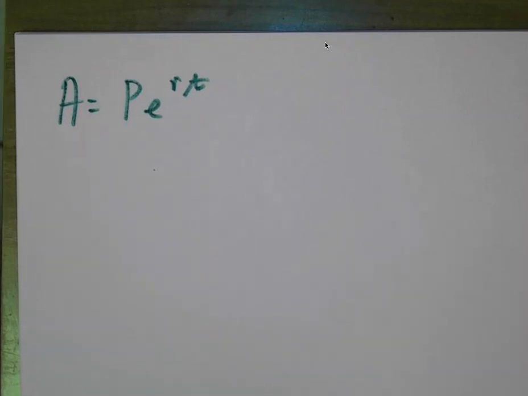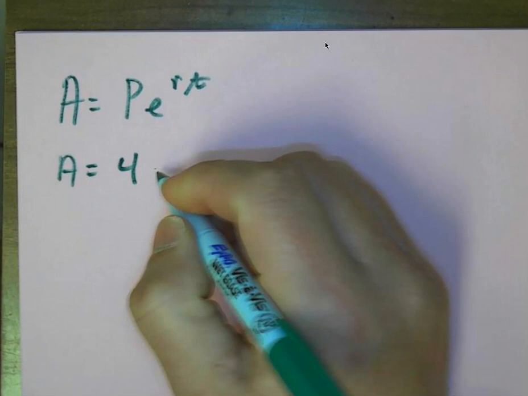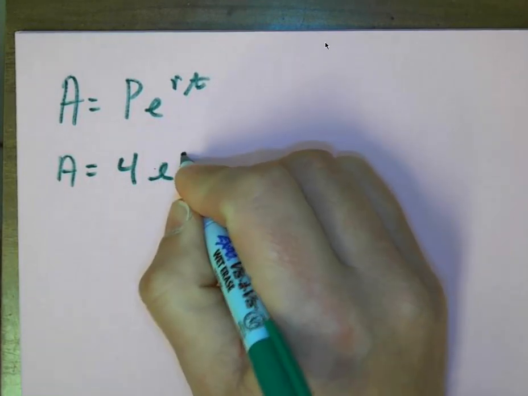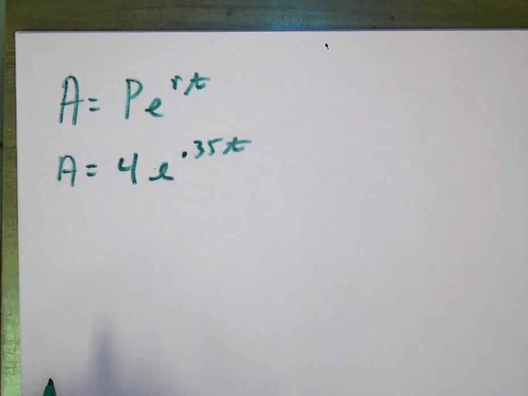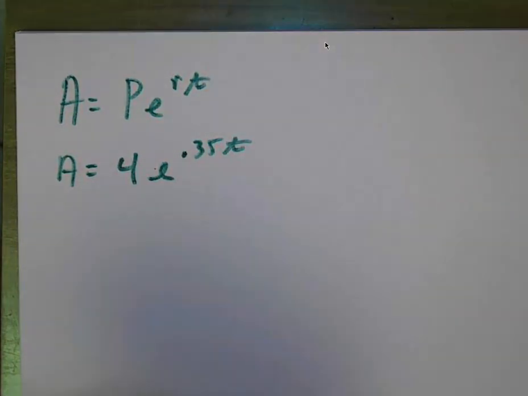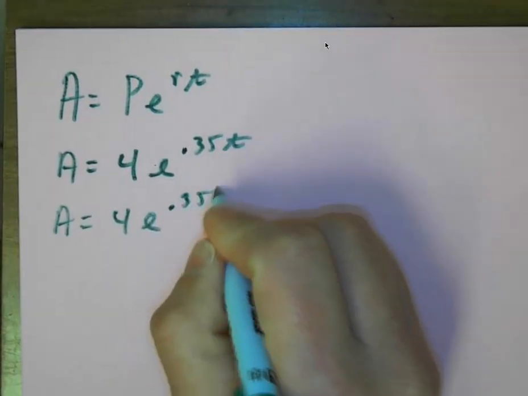Okay. If you look at number five, a garbage dumpster started with 4 pounds of garbage. The amount of garbage increased continuously by 35% each day from this point forward, and then how much garbage in 2 weeks. So our formula is A equals 4, because that's what we started, e to the 0.35t. Now, t in this case is days, so we're going to punch in 14 here.